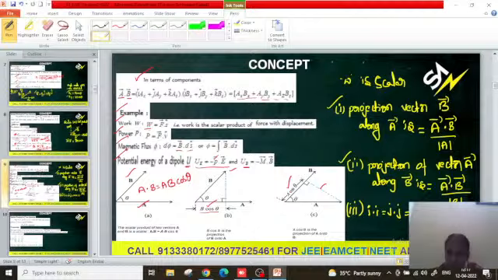So in case of unit vectors, the dot product i dot i, j dot j, k dot k will be equal to 1.